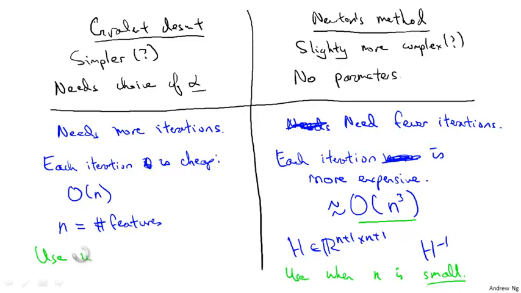And when n is large, then the cost per iteration of gradient descent would be much cheaper, and then gradient descent may be preferable. Concretely, what do small and large mean? Well, if n is less than 1,000, say, this is what I call a small number of features, then for Newton's method, you need to invert a 1,000 by 1,000 or 1,001 by 1,001 matrix.